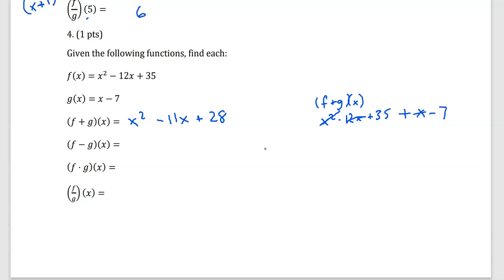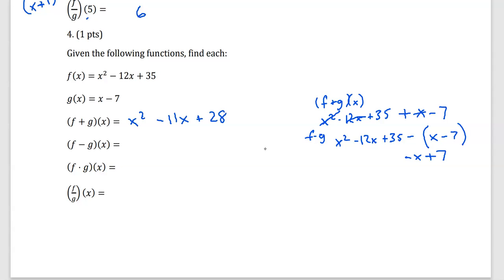F minus g, x squared minus 12x plus 35 minus, and let's be careful with signs here, x minus 7. That becomes minus x plus 7 if I pull it out of the parentheses.